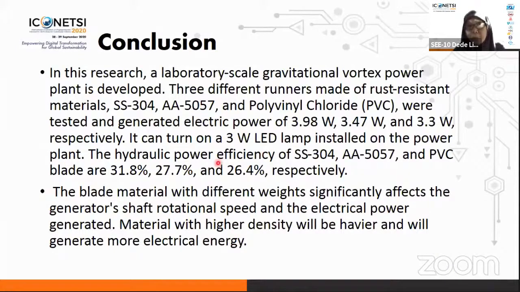The hydraulic power efficiency is up to 31.8%. The blade material with different weights significantly affects the generator's shaft rotational speed and the electrical power generated.